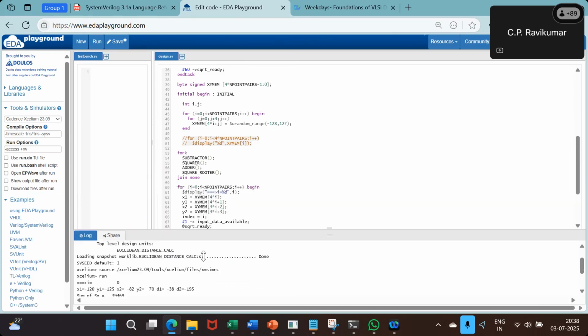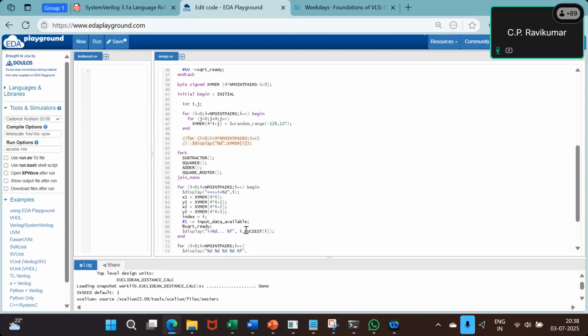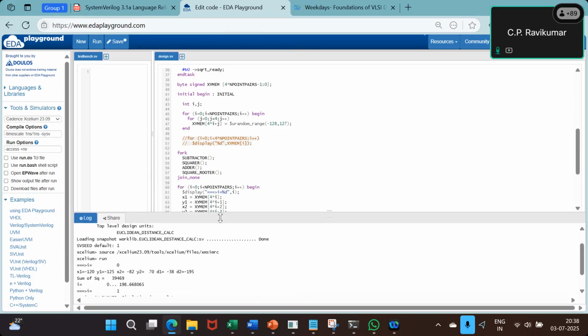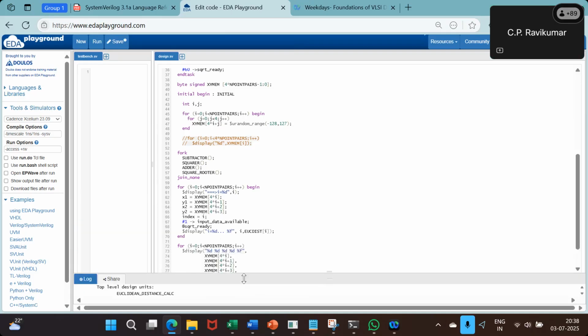See, that is not being printed. See, this display is not coming. Or is it coming? It's coming, no? It's coming. Hmm.